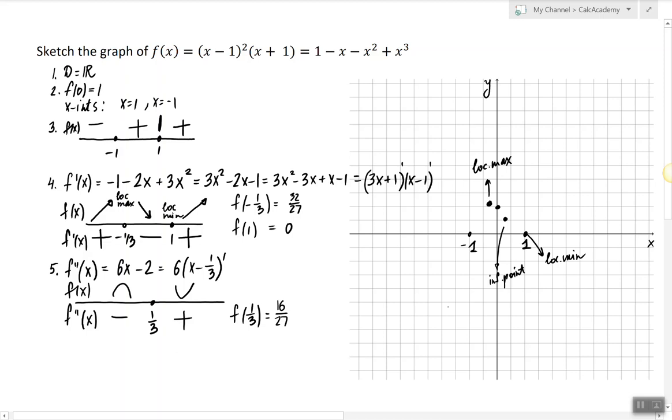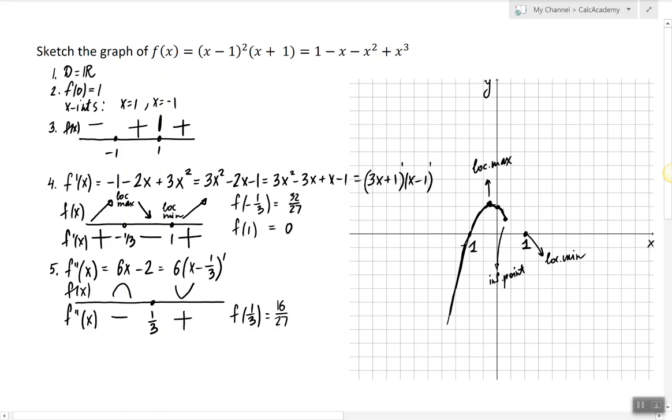So the function comes from -infinity, concave down, goes through -1, reaches maximum at -1/3, turns around, passes through the y-axis at 1, goes to the point 1/3, 16/27, where it changes its concavity.